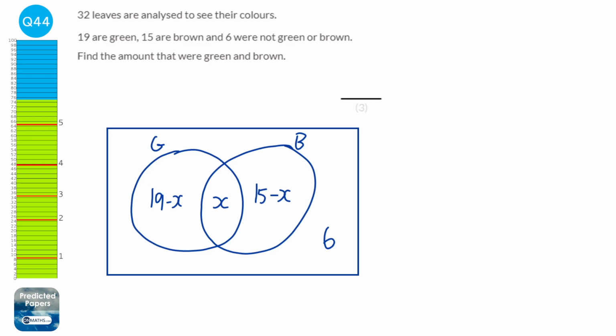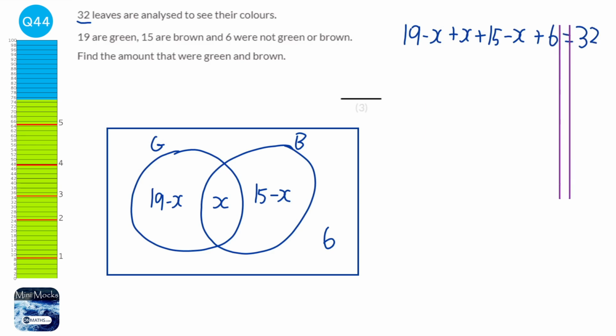And for the next step, we know that all of them together add up to 32, because it says in the question. So we're going to add all of these, the 19 minus X, the X, the 15 minus X, and the 6 together, and we know that equals 32. And let's get our solving lines in.